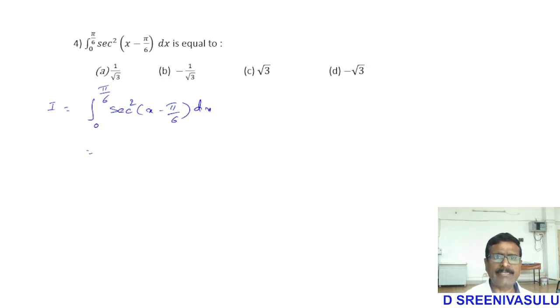Otherwise, directly, what is the integration of secant square? Tan. Because here, suppose ax plus b is there, division by a will come. The integral of secant square ax plus b dx is 1 by a tan ax plus b.